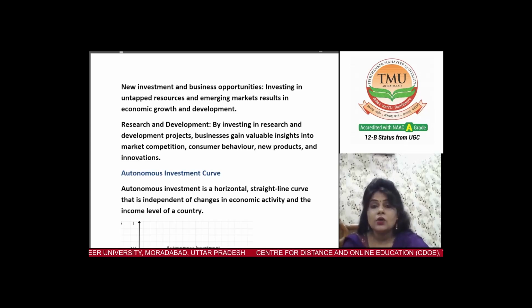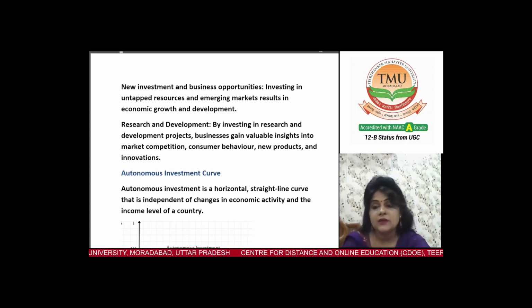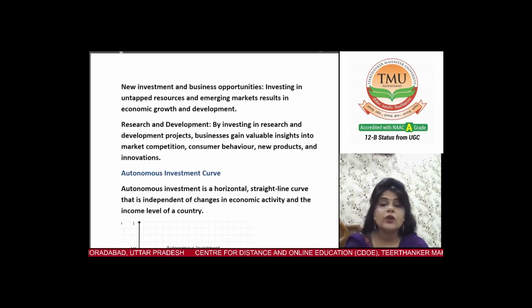So, autonomous investment is the portion of the total investment made by a government or other institutions independent of economic considerations. These can include government investment funds allocated to goods or infrastructure and any other types of investment that are not dependent on changes in GDP.